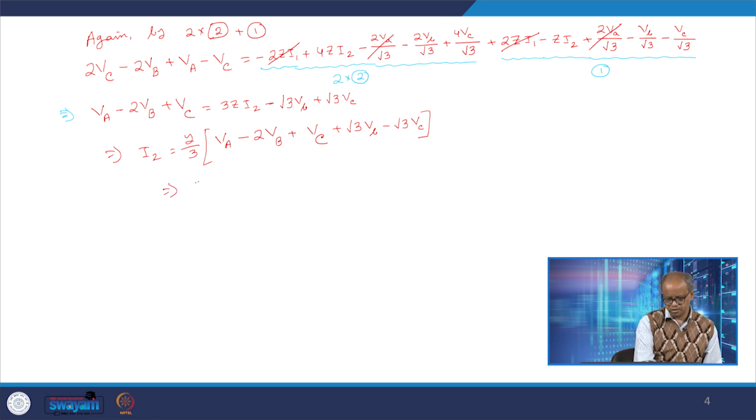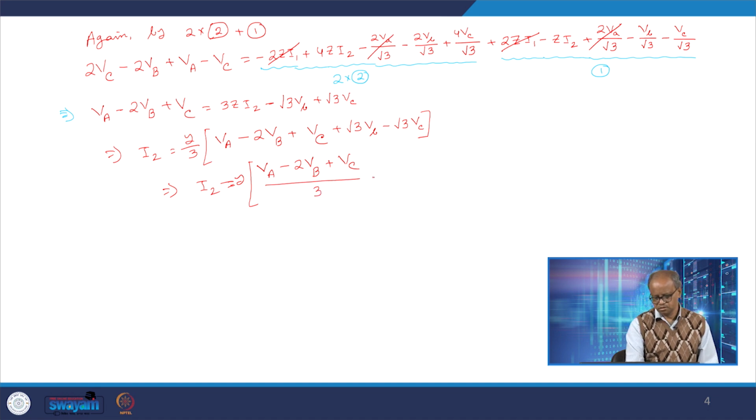So I can write down I2 is equal to Y into VA minus 2VB plus VC by 3 plus VB by root 3 minus VC by root 3. Right. So this is the expression of I2.